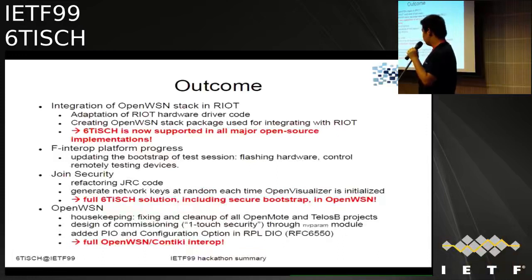And also we fixed some bugs from the repo. We added the PIO and some configuration options in the DIO package, referring to RFC 6550. And with this, the full OpenWSN can interoperate.